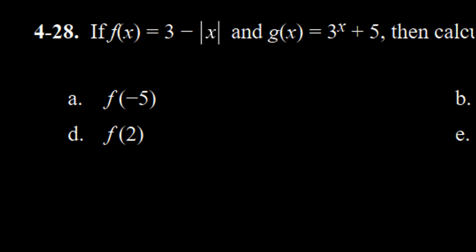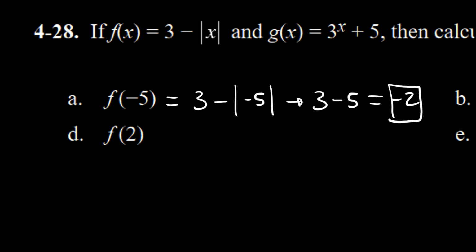Well, if I put -5 in there, that would equal 3 minus the absolute value of -5. The absolute value of -5 is 5, so this would become 3 minus 5, and 3 minus 5 would be -2. So when -5 goes in there, I end up with -2.